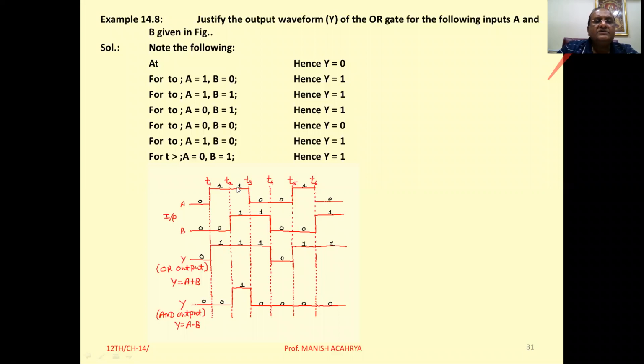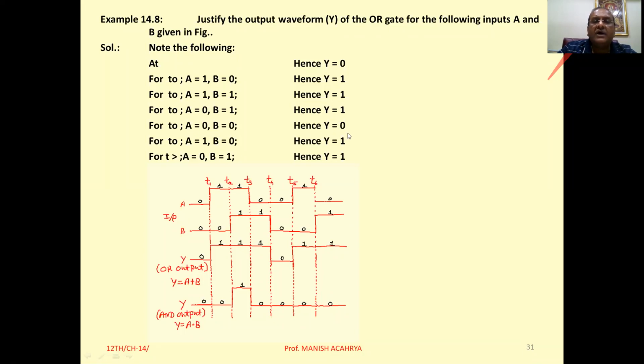Okay. So T2 to T3, A is 1, B is 1, so output 1. T3 to T4, A is 0, but B is 1, so output is 1. Then T4 to T5, A is 0, B is 0, both 0, right?